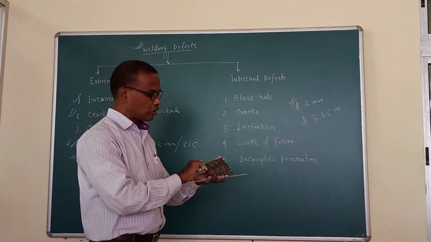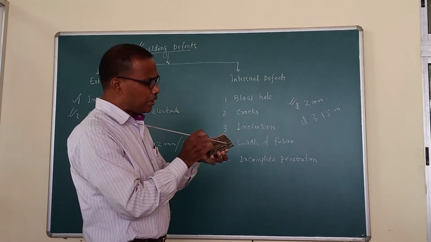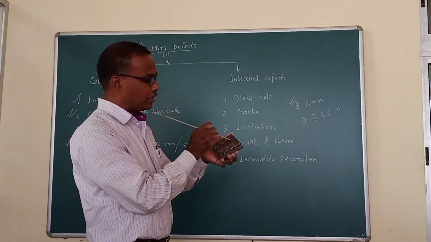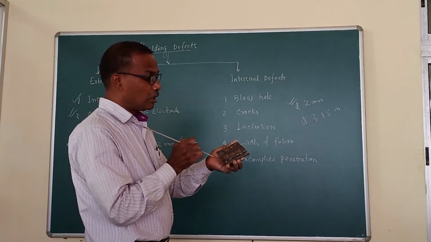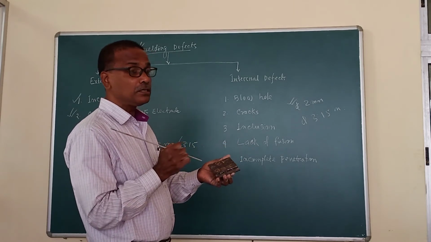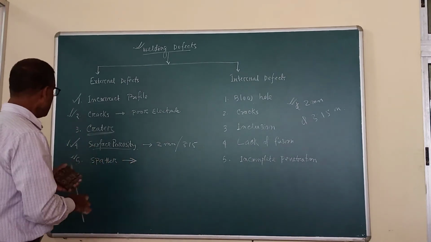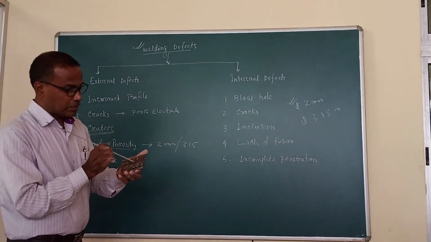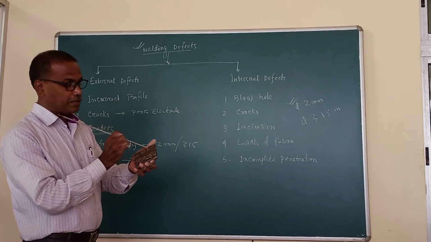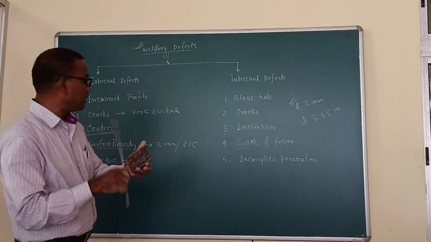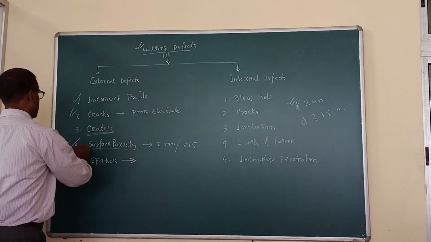Observe carefully: tiny dots around the welding bead. Why is this happening? You are not confident. So that is why this type of particles around the welding bead occur. These particles around the welding bead are called spatters.